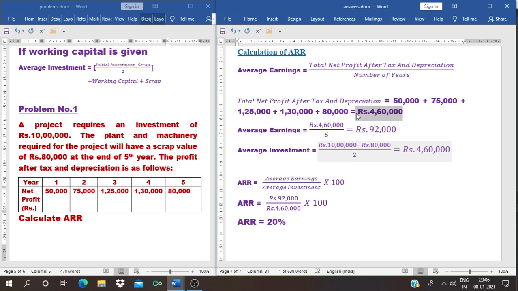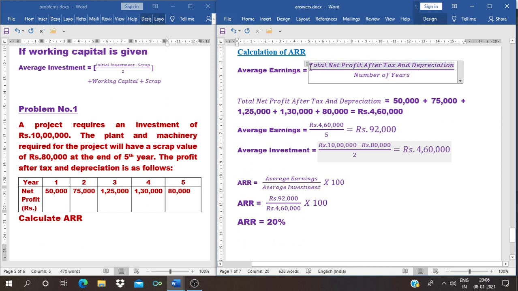After calculating this, we need to calculate the average earnings. How to calculate the average earnings? Total net profit after tax and depreciation divided by number of years. Here, total net profit after tax and depreciation is rupees 4,60,000, divided by number of years.